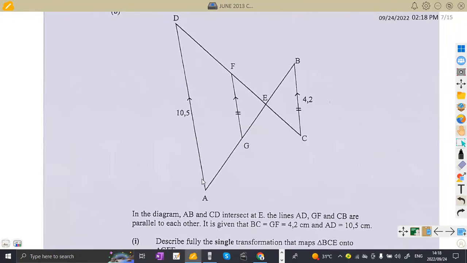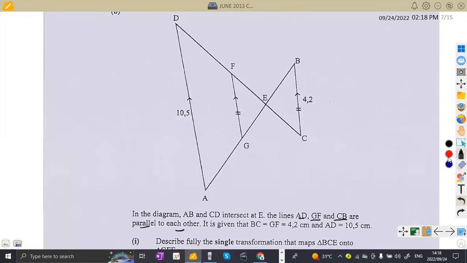In the diagram, this AB, that's A, B, and C, they intersect at E, and they are given the other lines, and they are given that they are parallel. Okay, the lines AD, GF, and CD are parallel to each other.